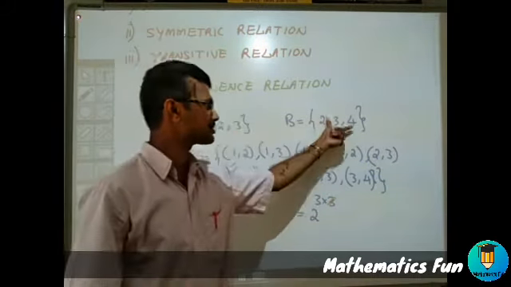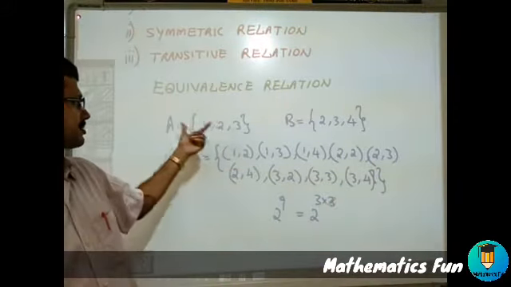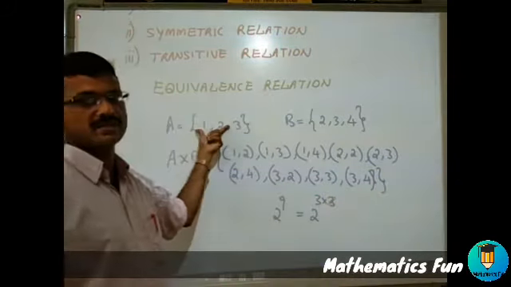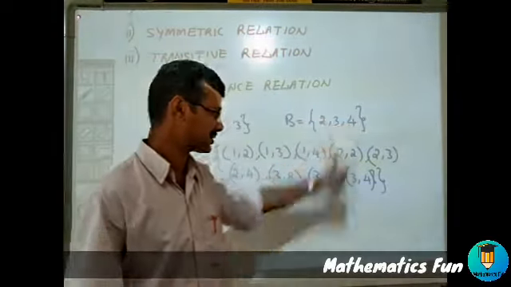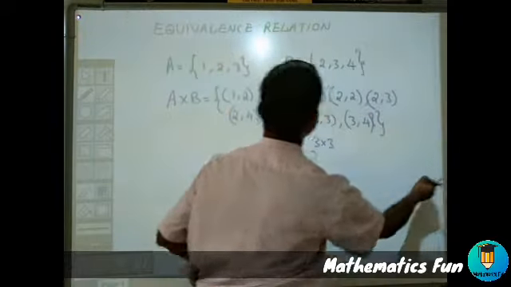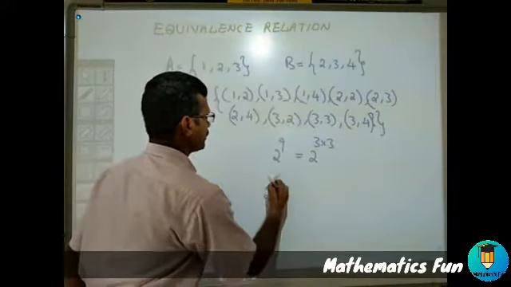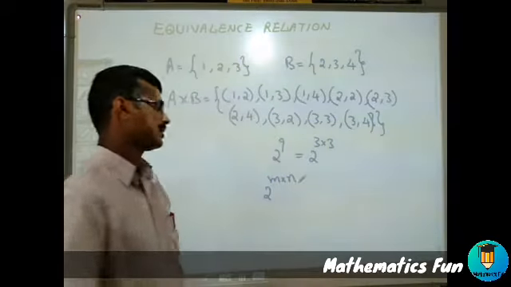Here 3 elements, here also 3 elements, so ultimately 3 into 3. So in general, suppose A is having m elements and B is having n elements, then the total number of subsets of A cross B is 2 to the power m into n.